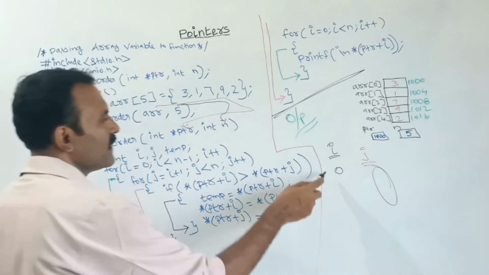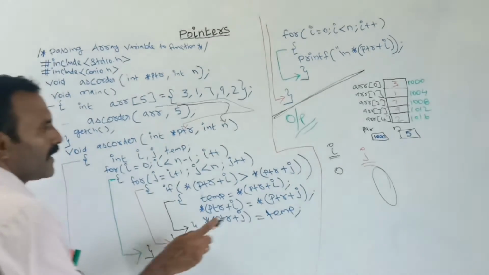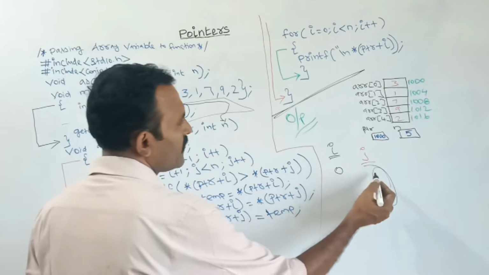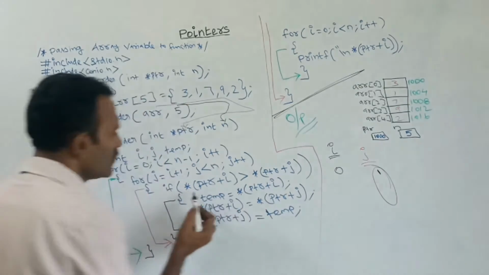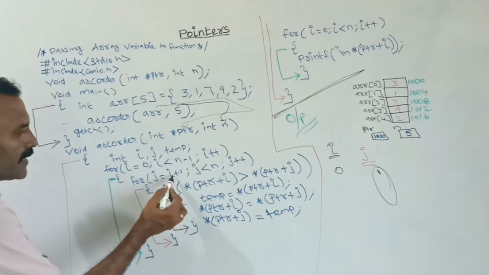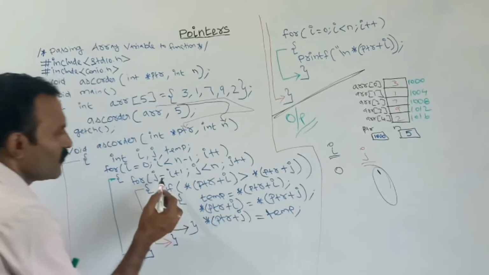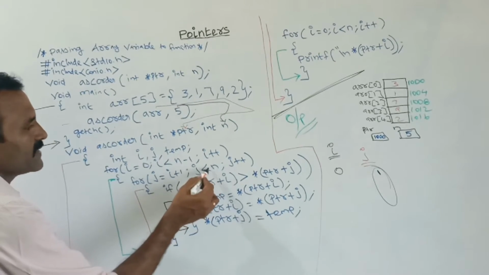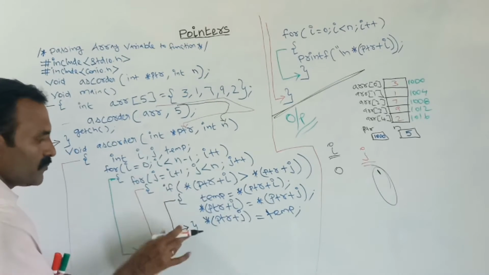After that only the next value of i will be taken. Here in the inner for loop, j is equal to i plus 1. What is the value? i is 0, 0 plus 1 is 1. So j value is now 1. Next it will check 1 is lesser than 5, n value is 5. This condition is also satisfied, so again it enters inside the for loop body.